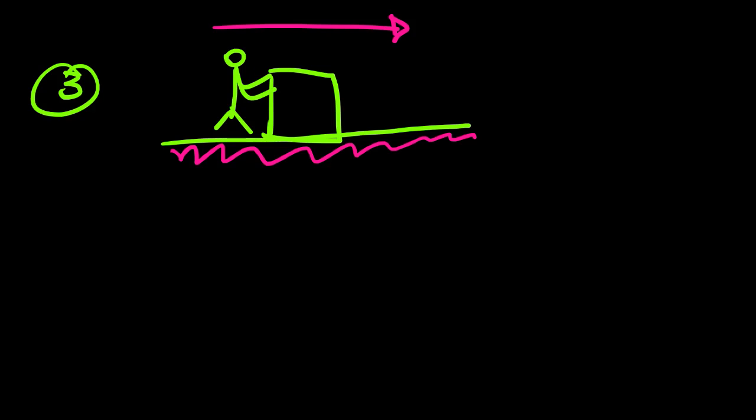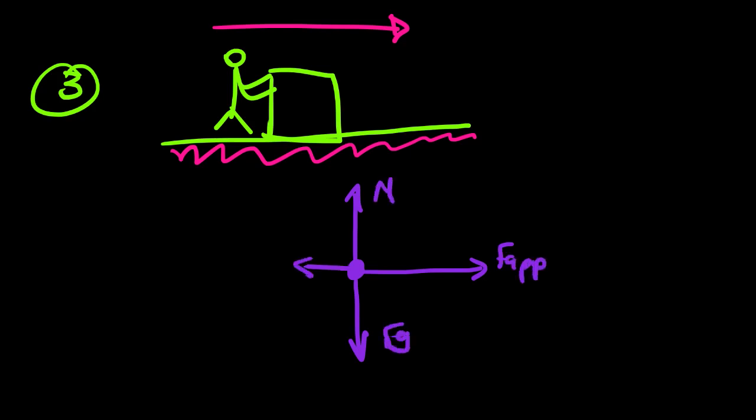Looking at the force diagram, we are going to have a free body diagram similar to the previous one, but now there is force applied, so we are going to have an additional force, which is the force applied. Then we have normal force, we have Fg, and we have kinetic friction.